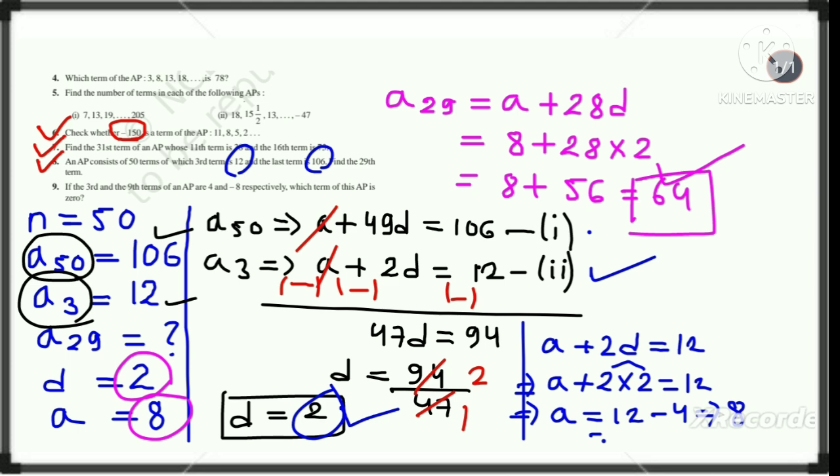Question number 9, and here is written: if the third and the ninth term of an AP are 4 and minus 8 respectively, which term of this AP is 0?